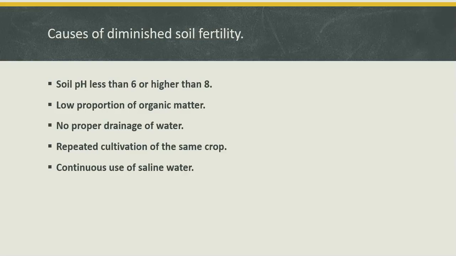Continuous use of saline water or salty water. If we use salty water to water the plants, those salts stay in the soil and the soil has more salts present. Such soil is less fertile. Excessive use of chemical fertilizers and pesticides.